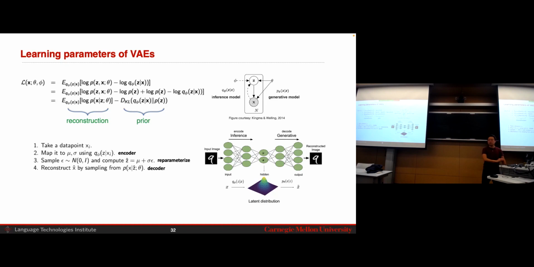VAEs just happen to be stochastic because you want to learn this latent distribution from which you can sample more data. So we parameterize this Q of Z given X as a Gaussian distribution, and that made it more difficult because you have to do the reparameterization trick. If you want to make it deterministic, then your Q of Z given X can also be a categorical set of distributions, actual vectors, without the continuous Gaussian distribution.